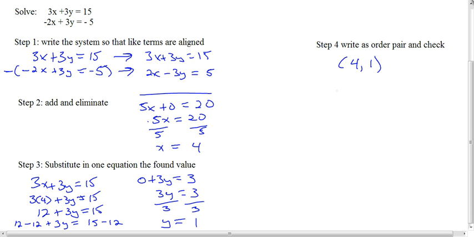We can check by substituting 4 and 1 for x and y. Here we have 3x plus 3y is equal to 15, so 3 times 4 plus 3 times 1 is equal to 15.